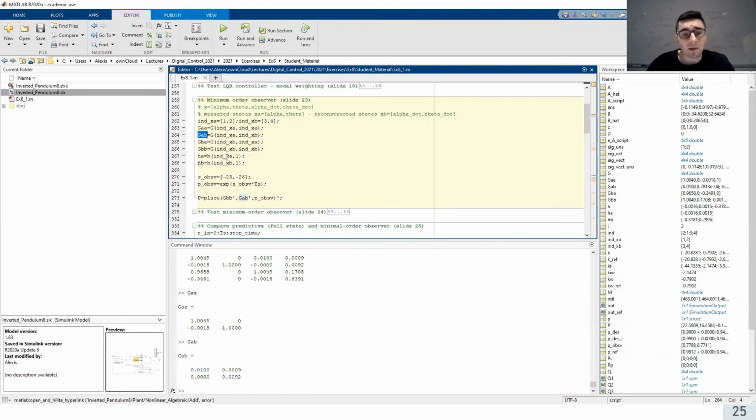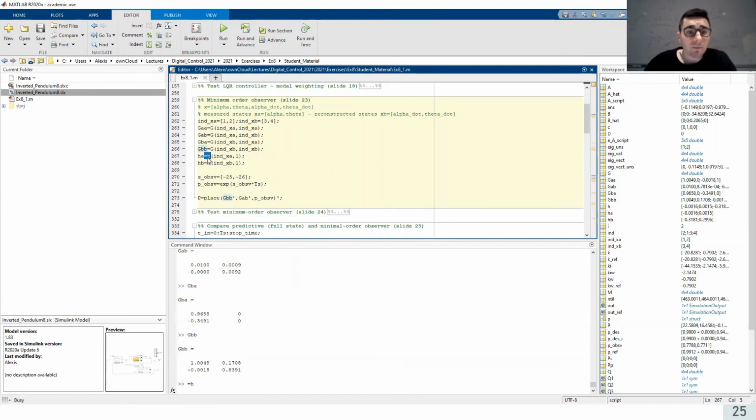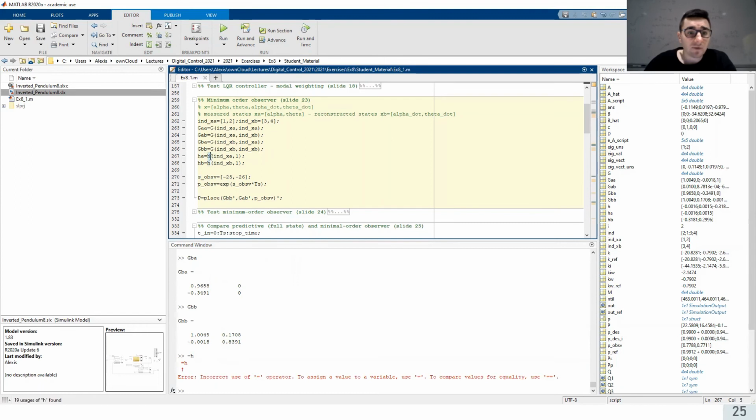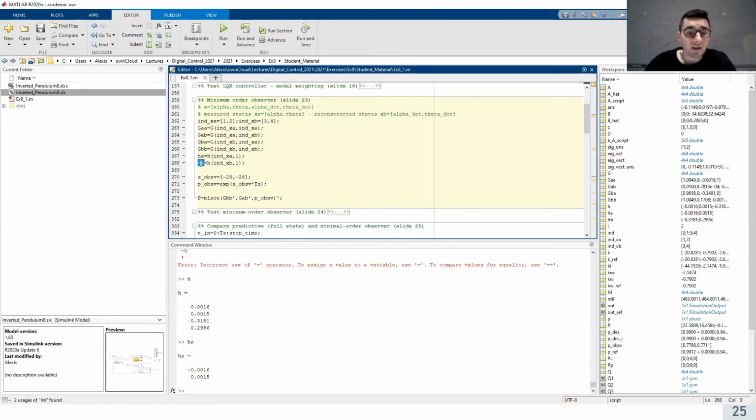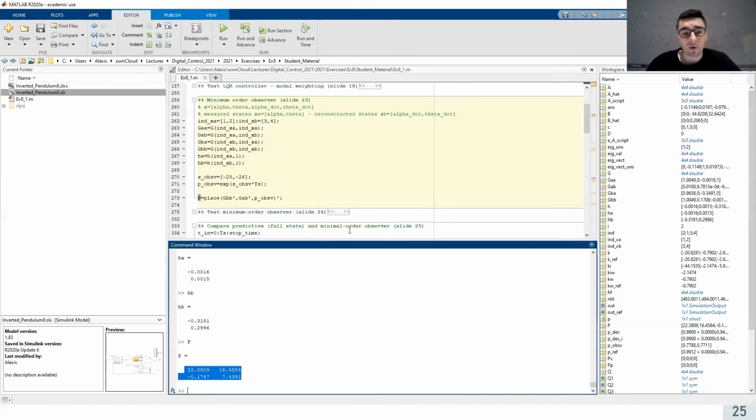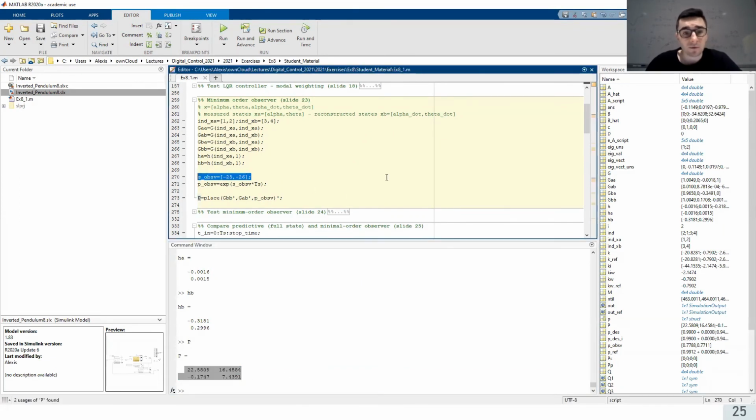Then we have JAB, which is the top right, JBA, which is the bottom left, and JBB, which is the bottom right. We do the same for the H matrix. The H matrix has 4 elements, the first 2 are HA and the second 2 are HB. Then we define our poles, and we can define our gain with the place command, and this is the gain for the minimum order observer using these poles.